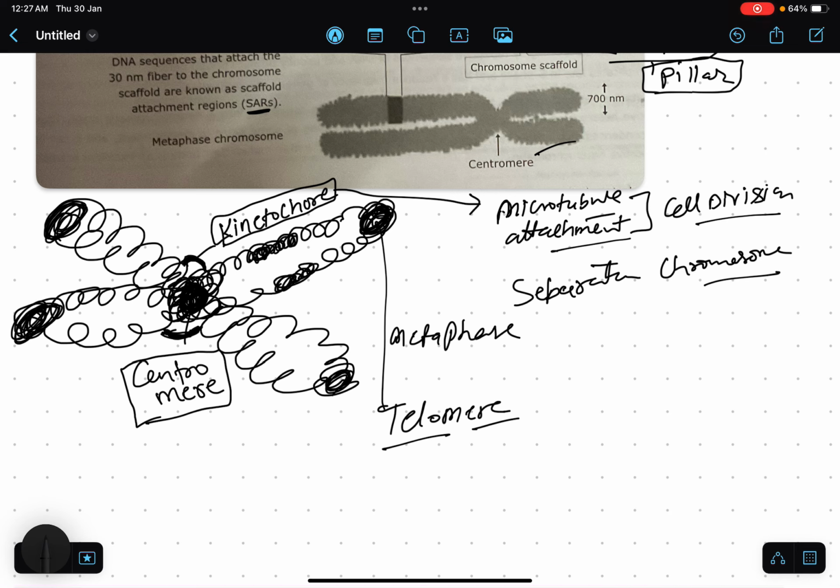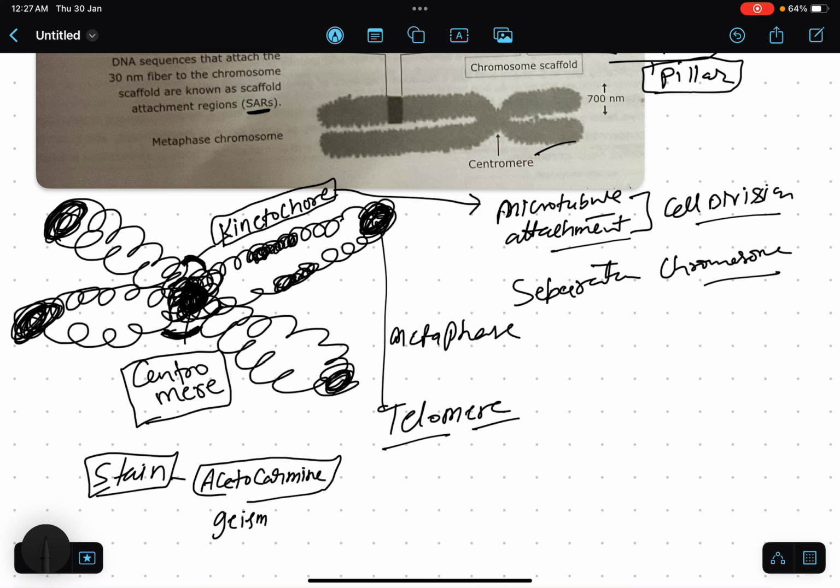So if we stain this chromosome, for example, we use acetocarmine and many other dyes, such as Giemsa dye, etc. There are a lot of dyes to stain, and nowadays we find that the regions which are highly coiled, the stain is dark.